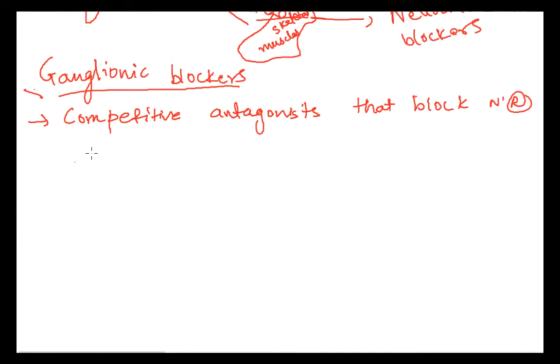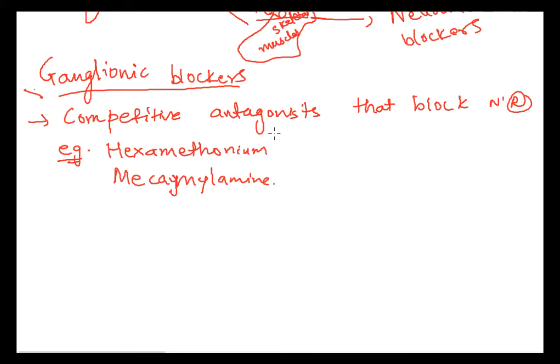Examples of those drugs would be hexamethonium, mecamylamine, and trimethaphan. So these three drugs are basically competitive antagonists at nicotinic receptors.